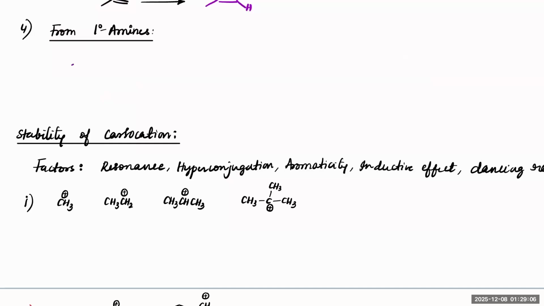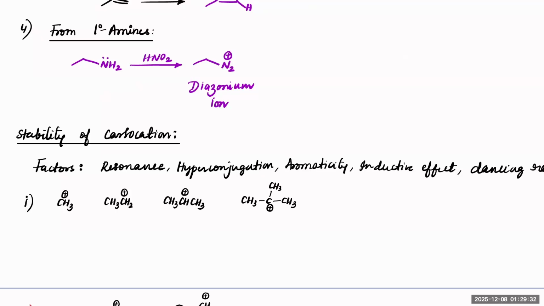Primary amines, for example, NH2. This is primary amine. Primary amine, when you react with HNO2, it generates a very peculiar compound like this, N2 plus, and this is called diazonium ion.